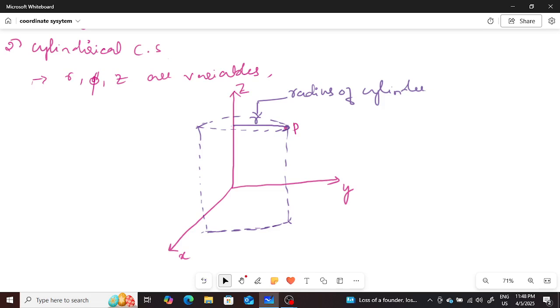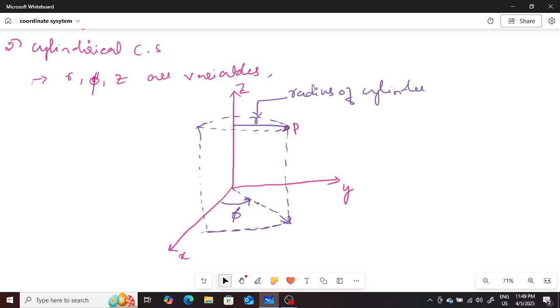I'll be drawing the dotted line to this point, and the angle between them is phi.